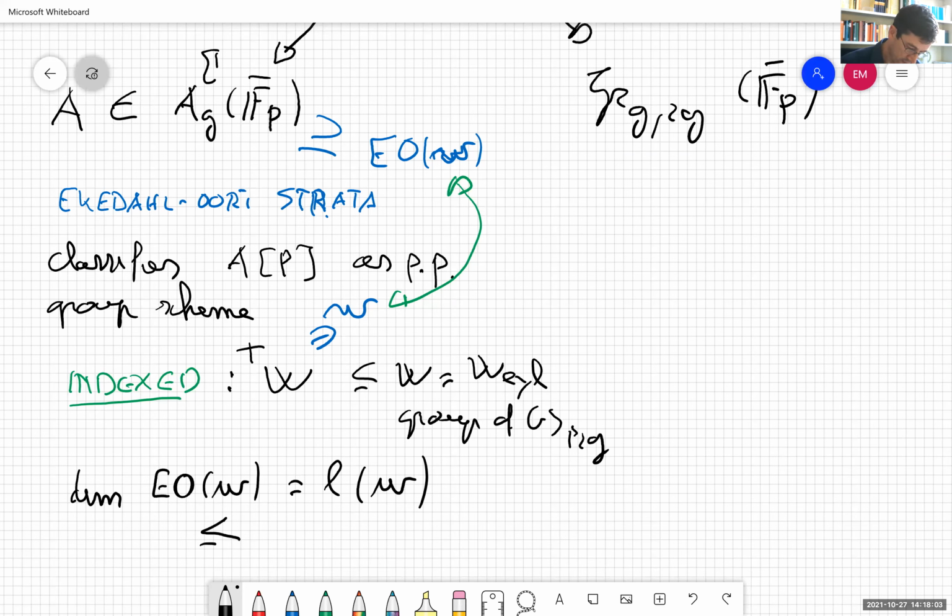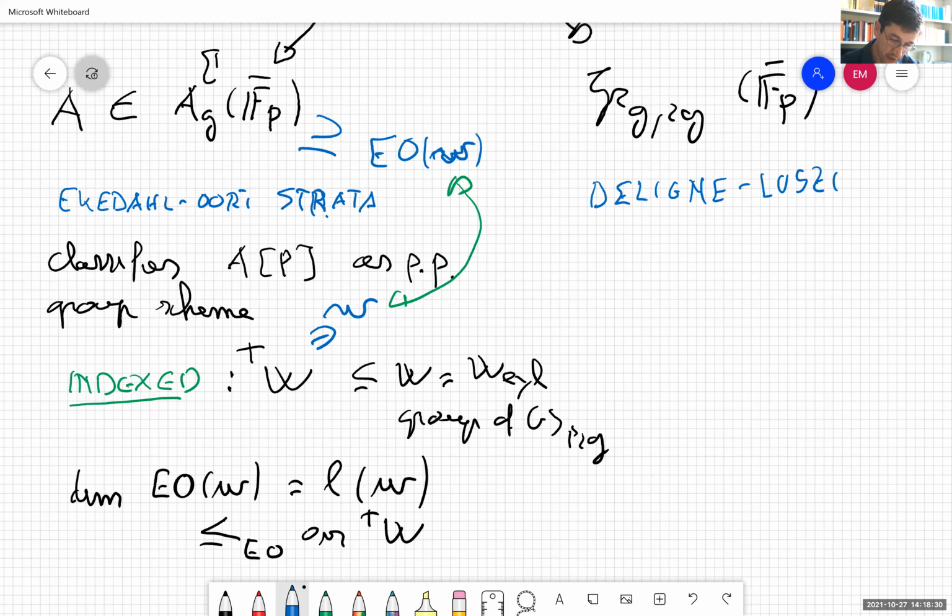And there is also an order relation on W plus, which describes perfectly when a stratum is in the closure of another stratum. It's an order which is not exactly the Bruhat order, but it's closely related to the Bruhat order. It actually took a while to find it.